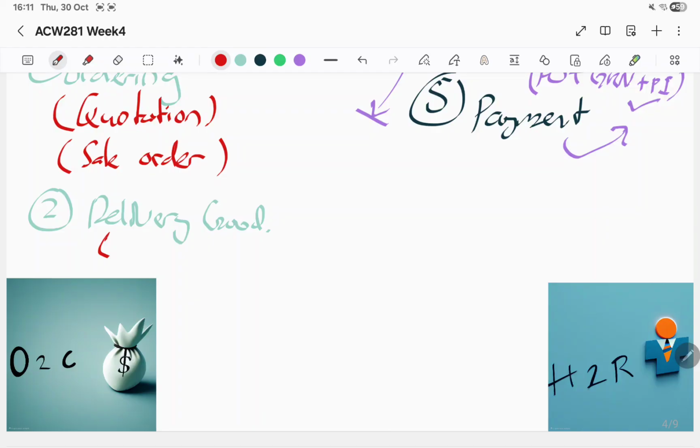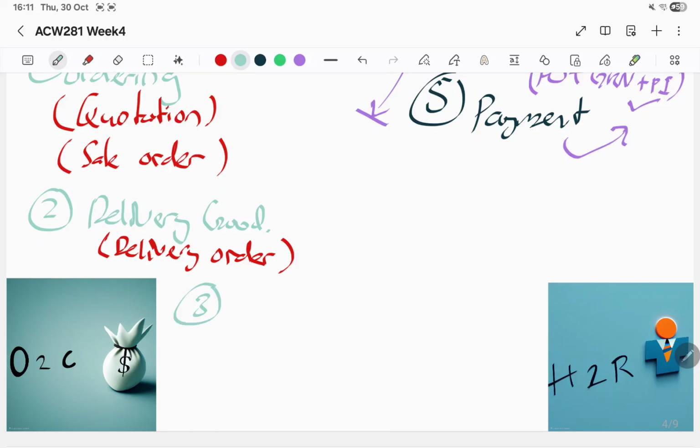Then you will produce what we call a delivery order, all right? This one is the boring part. This is another document. Usually if you see in Shopee, they will just stick in the box, right? What is the DO inside there? Just to note where to send the item to, all right? The delivery order.